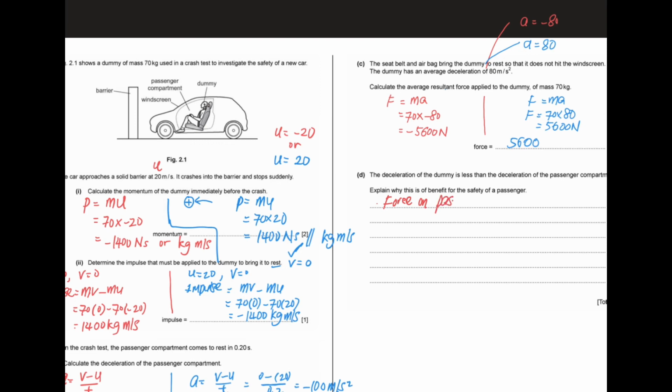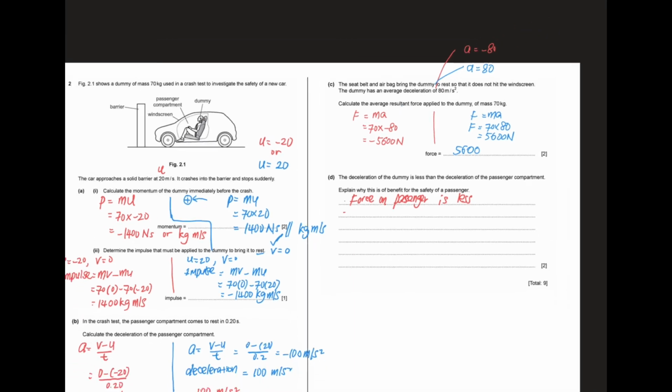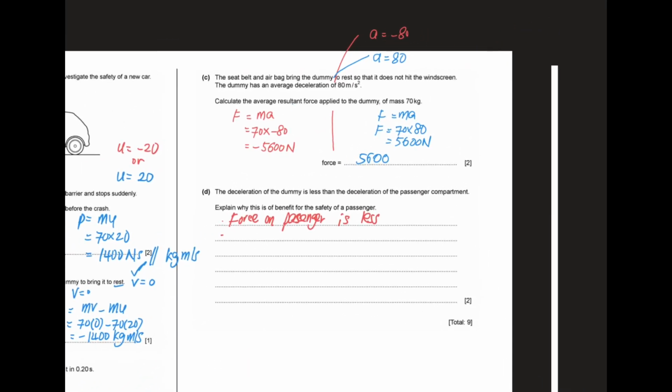Force on passenger is less. Now what else? This is a 2 marks question, so we put one more point.